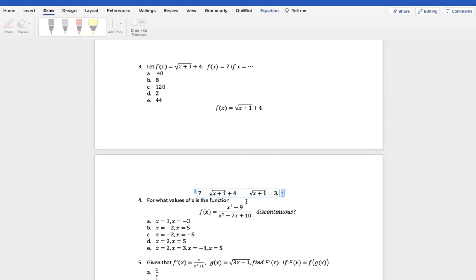When you square both sides, you have x plus 1 is equal to 9, right? Meaning x is equal to 8. So the correct answer here is just 8.